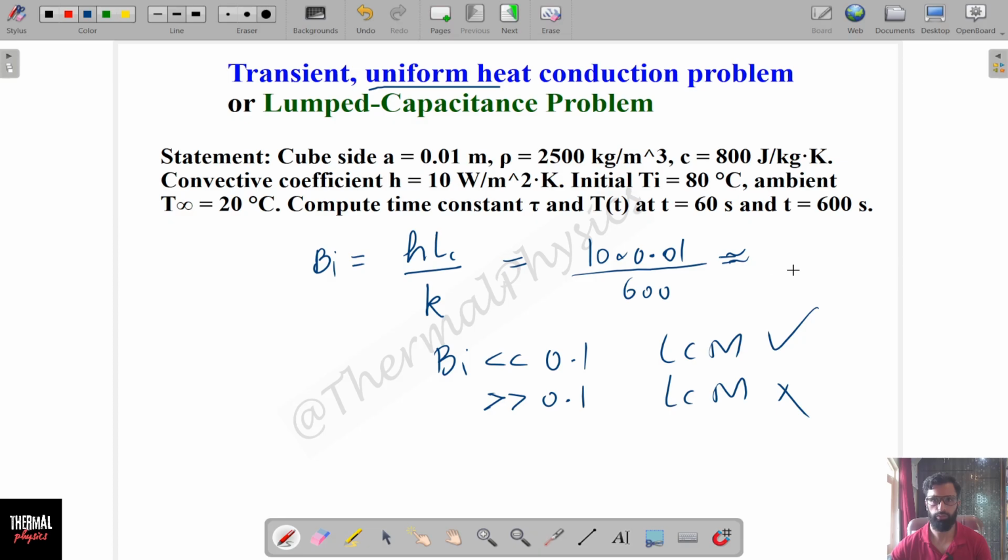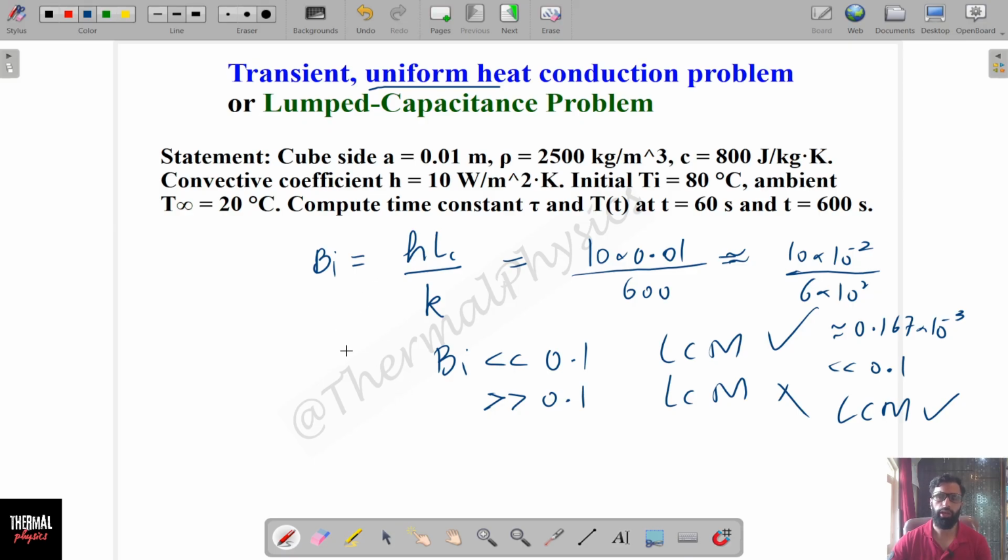So this value will be approximately 10 times 10 to the power minus 2 divided by 6 times 10 to the power 2. So this will be approximately 0.167 times 10 to the power minus 3, which is much less than 0.1. So the lumped capacitance model is valid for this particular problem.